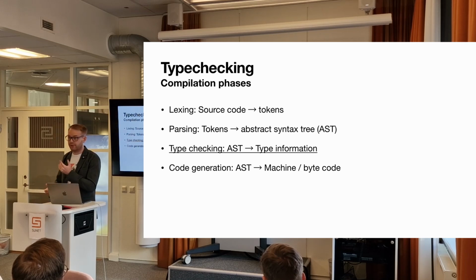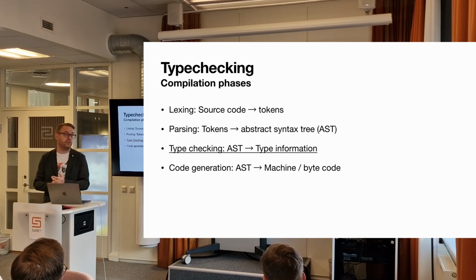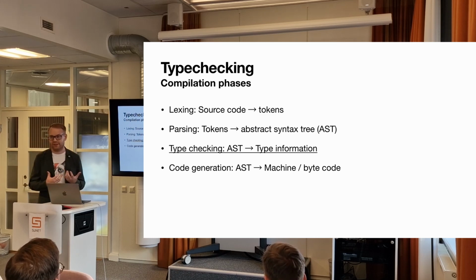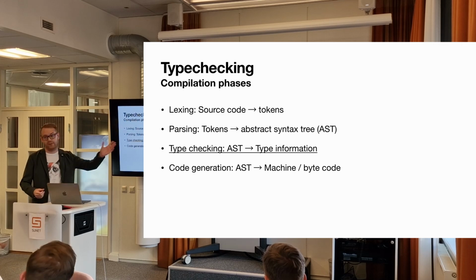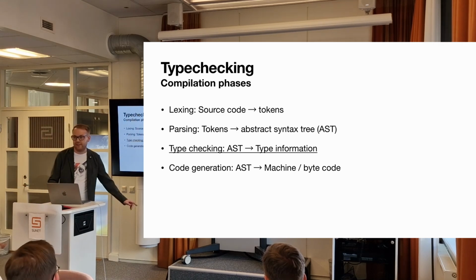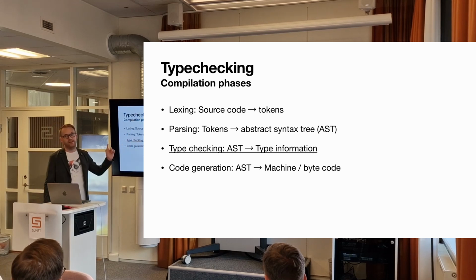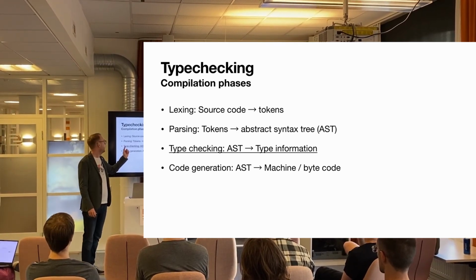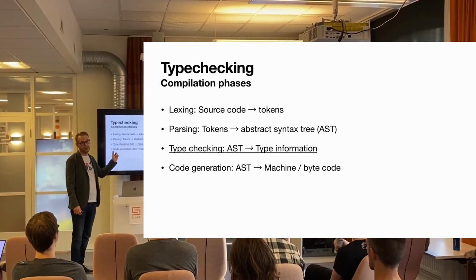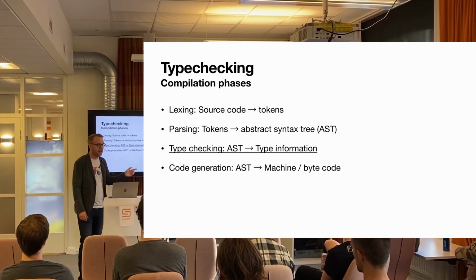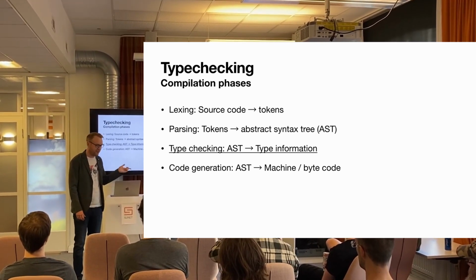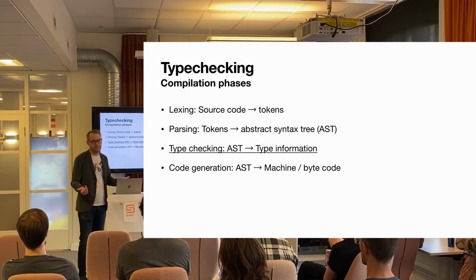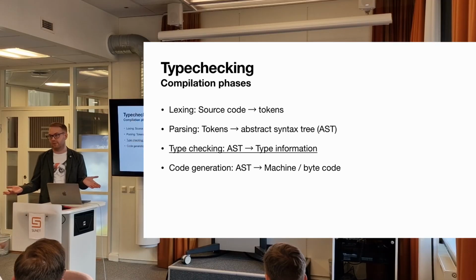And like I said, today we're going to talk about type checking. Just so we're clear, and this actually helped me a lot to understand how a type checker works under the hood: type checking, if you think about the compiler, comes in a phase somewhere down the middle. The first step is usually to translate source code to tokens, and then you build an abstract syntax tree, and from the abstract syntax tree you derive type information and can check whether the program is well typed or not.